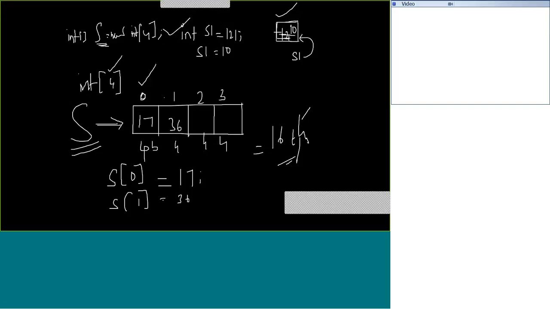Similarly, s of 2, let's say some 48 will be saved. Similarly, you have your last slot, let's say 125. This is how you normally save data. And for retrieving data, again, we have to use the index form. This is how we normally do it.